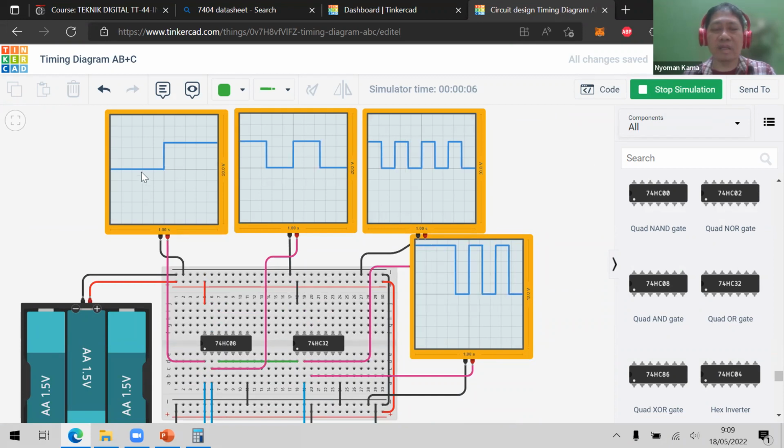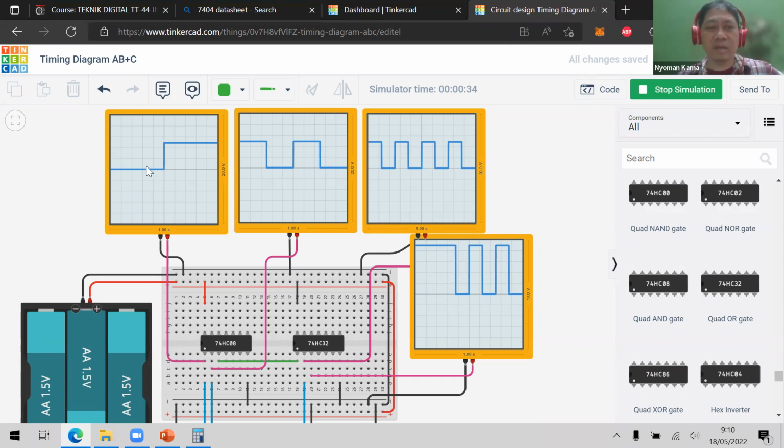Now, as you can see in here, when A is 0, B is 1, and C is 1, the output is 1, etc. Although you have to keep in mind that this is a simulator, and the output will probably not be the same as in theory.